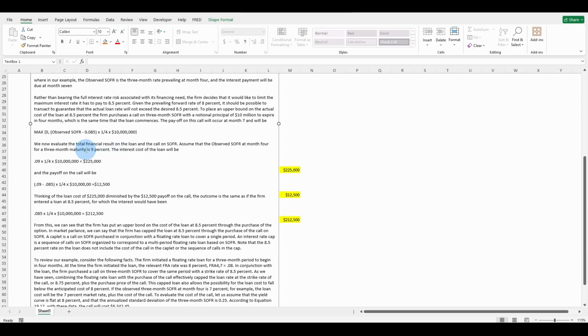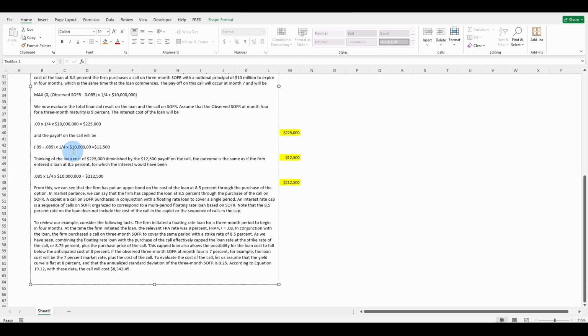We now evaluate the total financial results on the loan and the call on SOFR. Assume that the observed SOFR at month 4 for a 3-month maturity is 9%. The interest cost of the loan will be 0.09 times a quarter times 10 million, which equals $225,000. And the payoff on the call will be 0.09 minus 0.085 times a quarter times 10 million, which equals $12,500.